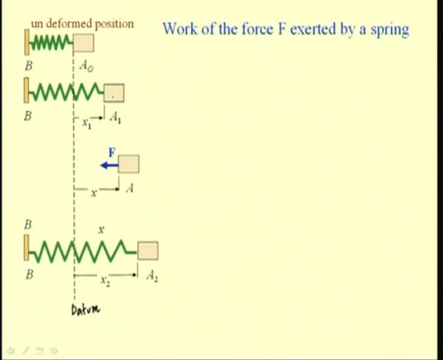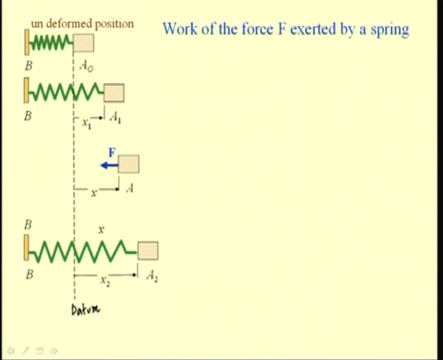Now, consider the position A1 where the spring has been elongated by a distance of x1. So, this is the positive displacement of this body along this direction, and since this spring has been elongated, it applies a force of F on this body.